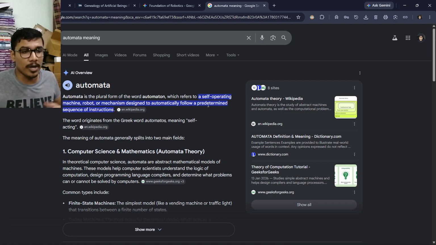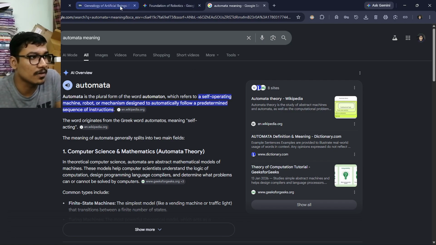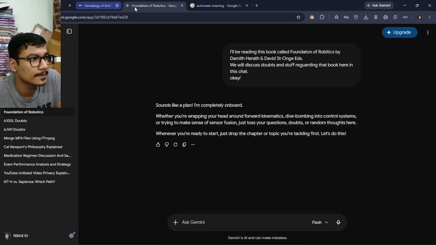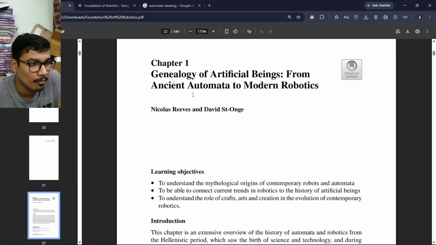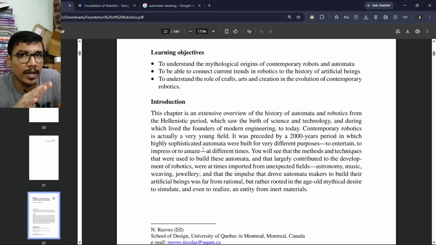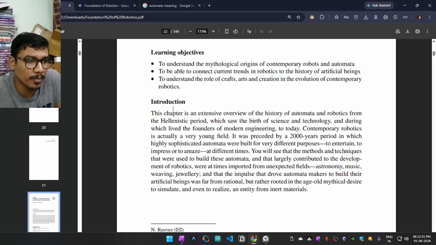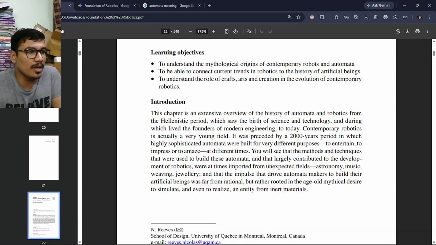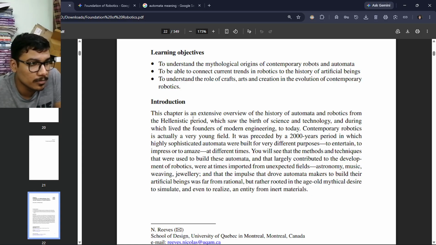Automation, self-operating. Okay, so robots are self-operating, to modern robotics. And here's one more thing. I'm not gonna explain too much. I'm just gonna read on my own. And this lecture won't be too long since I have to leave by 7:30 for the gym. That's why. Okay, so let's see what it says.